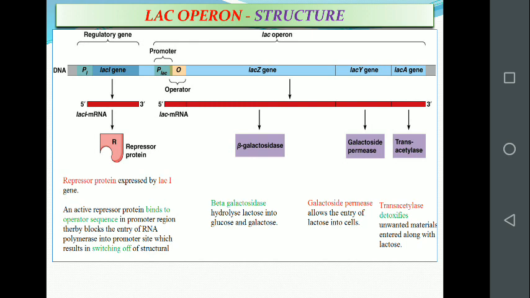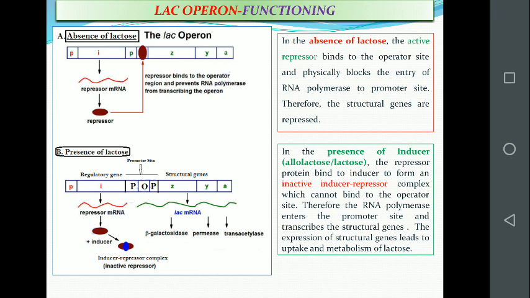Once the polycistronic mRNA is synthesized in this transcription process, it undergoes translation, and the organism gets three proteins corresponding to the structural genes, and they participate in the uptake and metabolism of lactose. So this is the lactose operon.